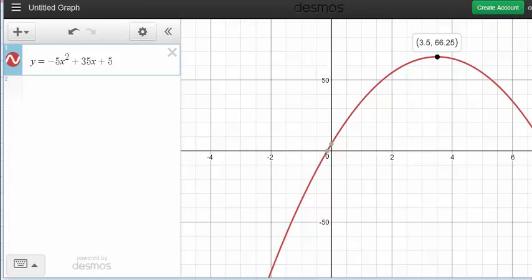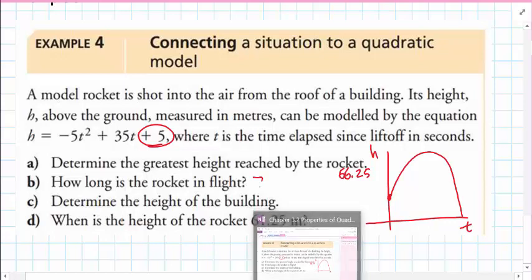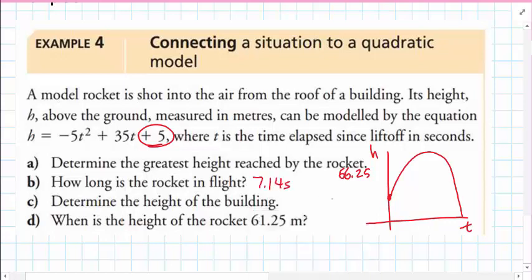From 0 to 7.14. Remember, I don't care about the negative side. So I'm going from 0 to 7.14. Does everyone understand? So the answer to this one is 7.14 seconds.